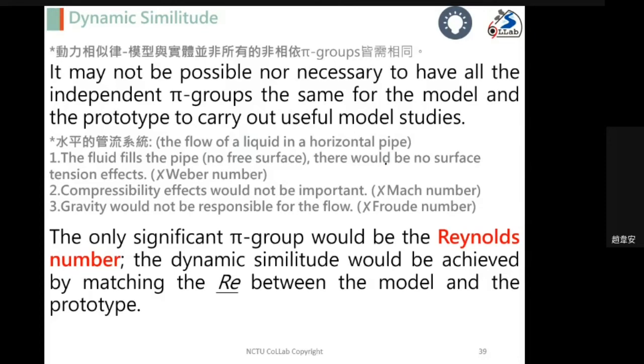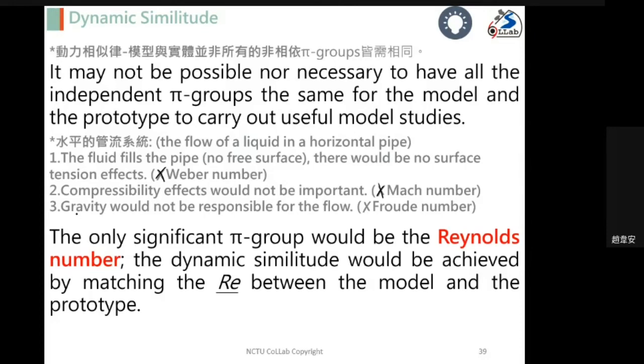If there is no free surface, we don't need to consider the surface tension effect, and so we don't need to consider the Weber numbers. And we assume the compressibility effect would not be important, so we don't need to have the Mach numbers involved in these problems.